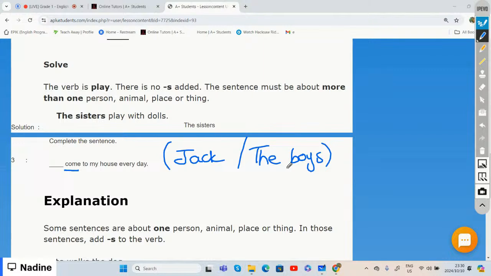And if we were to choose the correct option, we can say the boys come to my house every day. The boys. They come to my house every day.